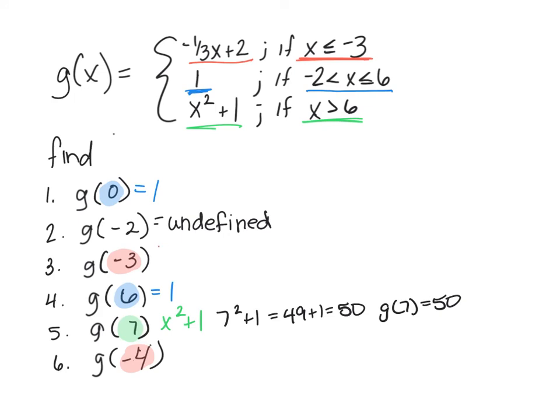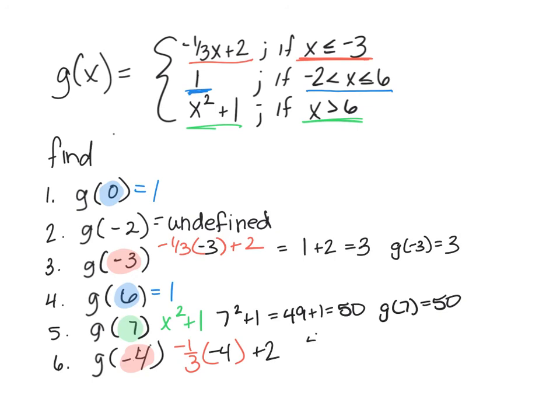And then lastly, negative 1/3 x plus 2. Here we're going to plug in negative 3. Negative 1/3 times negative 3 is positive 1, plus 2 equals 3. So g of negative 3 equals 3. And then we're plugging it in here too, negative 1/3 times negative 4 plus 2, which is 4/3 plus 2.